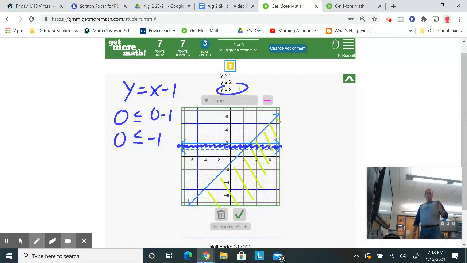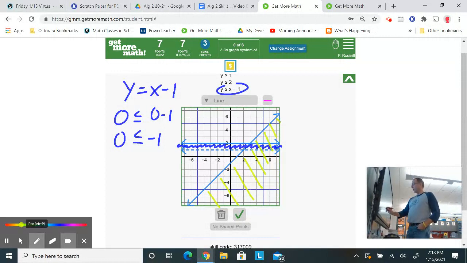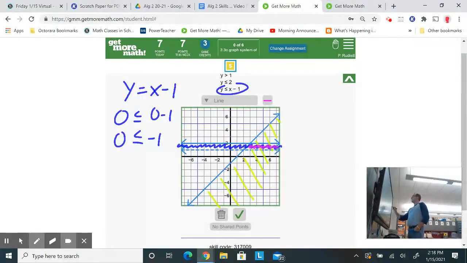Now remember, we're solving a system of three inequalities. We're looking for the place, or the ordered pairs, the area where all three are shaded. And you can see that it would be everything in here.